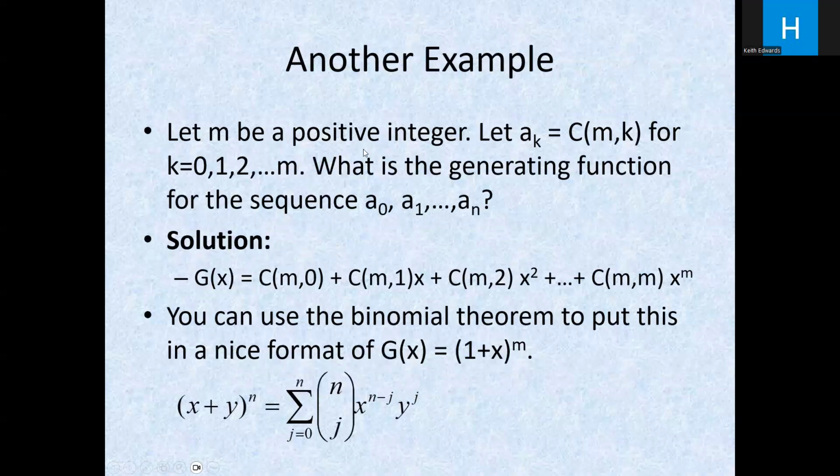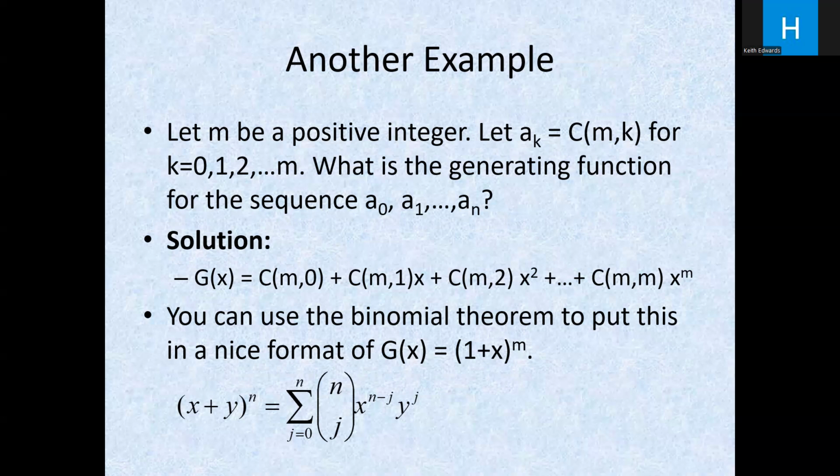So another example, let m be a positive integer. We let a sub k equal m choose k for k is 0 through m, and that C is the choose function, which we covered, I believe, back in chapter 5 or 6 in CS141.